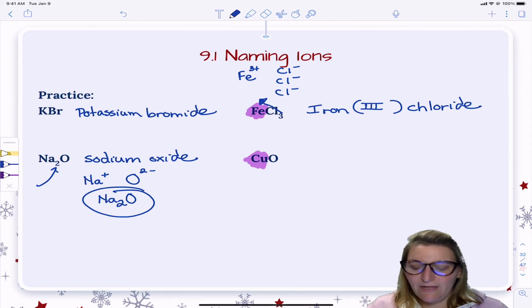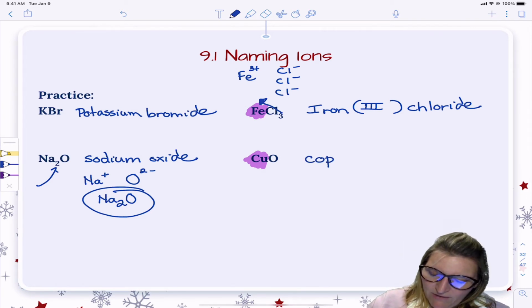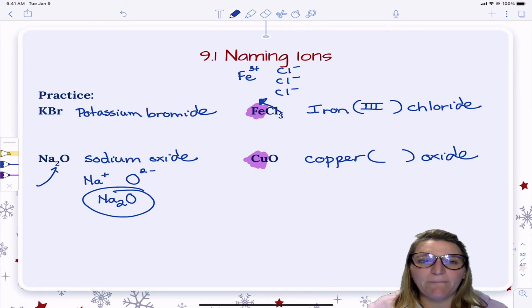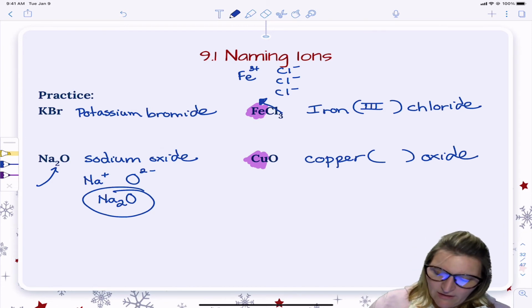CuO is a little trickier. So I know it's going to be copper, it's going to be some sort of Roman numeral, and then oxide. Again, what was the charge on the copper? I need to think about it. In this case, I'm not going to be able to reverse crisscross, because is this copper 1? Well, no, because think about what's really going on here.